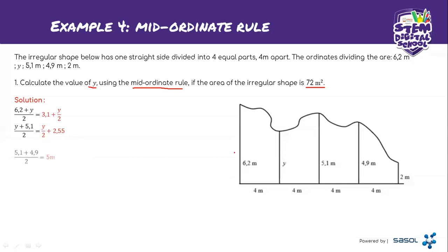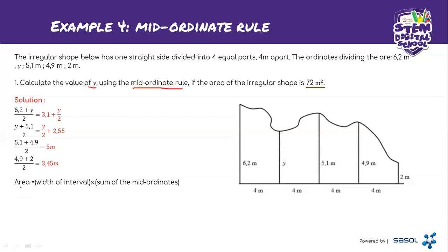The third is 5,1 plus 4,9 divided by 2, then it's going to give us 5 meter. And then the fourth one is 4,9 plus 2 divided by 2, then it gives us 3,4 meter. I think that is the last mid ordinate.